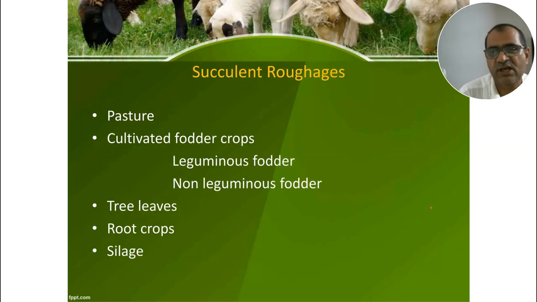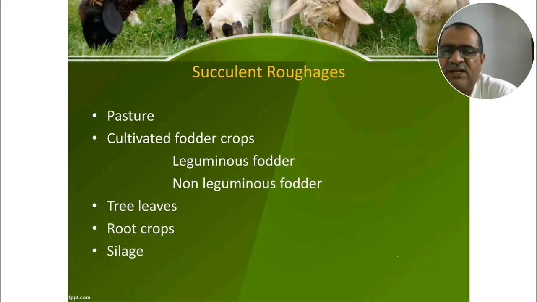Succulent roughages are again classified into different types. First, those from the pasture. Whenever cattle are led for grazing in a very huge pasture, that makes things easy for the person and reduces a lot of cost, labor, energy and money.